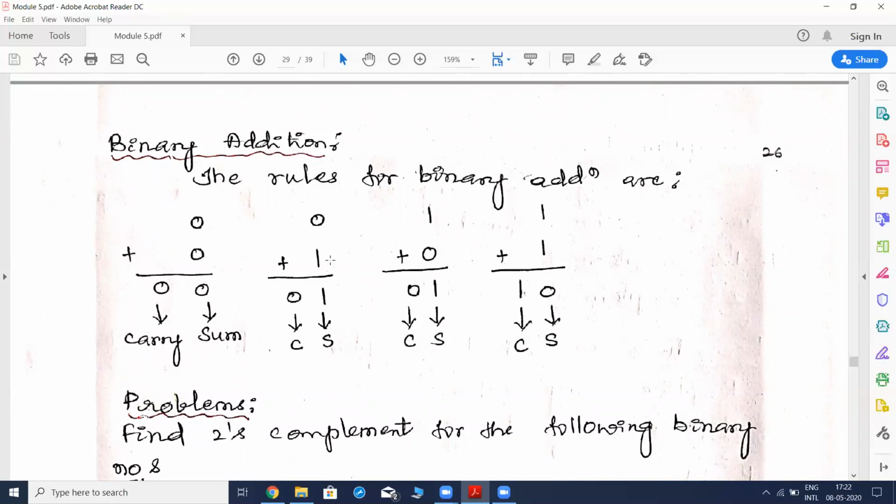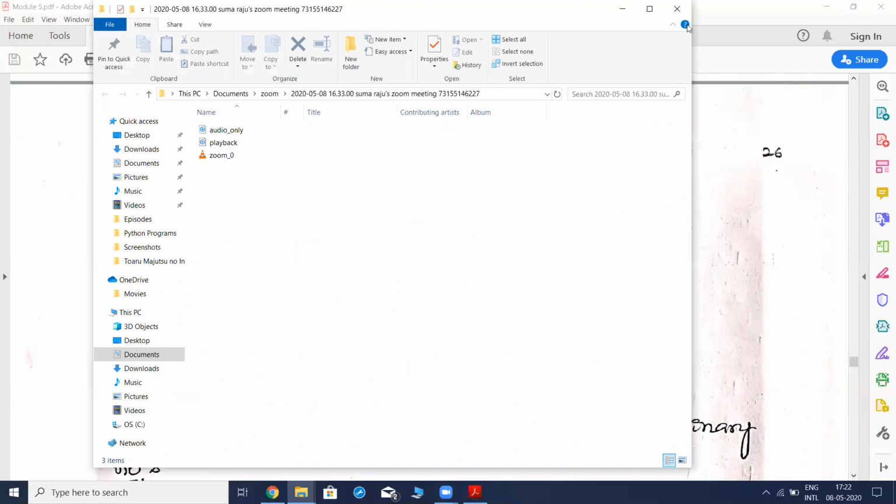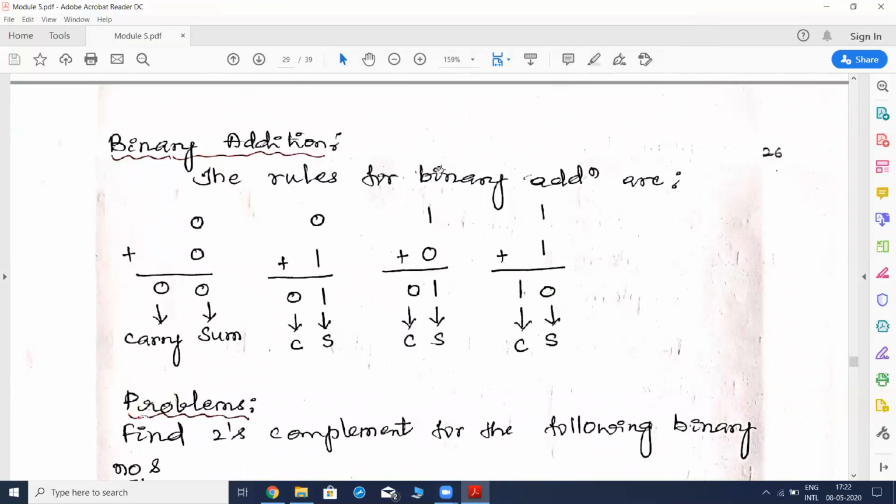For 0, 1, you get sum as 1, carry as 0. For 1, 0, you are going to get sum 1 and carry 0. Now we have the last one, which is very important.